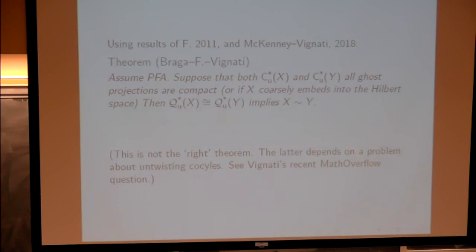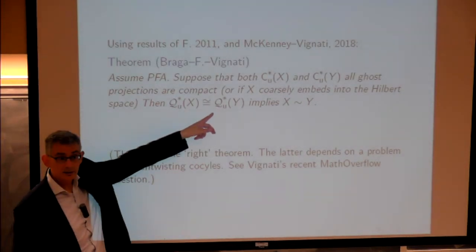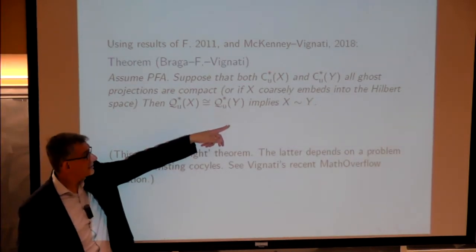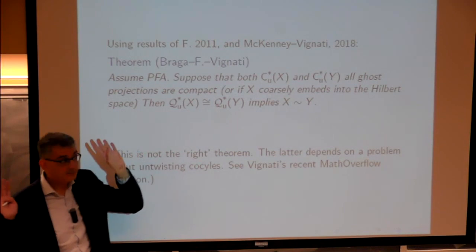Right, so the first result, using my own results and also more recent results by Paul McKenney and Alessandro Vignati: Braga and I, together with Vignati, proved that under PFA, if we have X and Y, which are, as always, uniformly locally finite metric spaces, and all Gauss projections are compact, or if just one of them coarsely embeds into Hilbert space, then if the coronas are isomorphic, X and Y are coarsely equivalent, just coarsely equivalent.